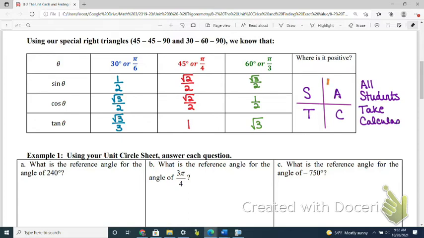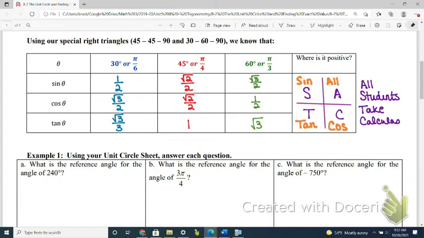That tells me that all trig functions are positive in the first quadrant. Sine is the only thing positive in the second quadrant. Tangent is the only thing positive in the third. And cosine is the only thing positive in the fourth. As long as you can remember your three sets of reference angle values for sine, cosine, tangent, and where things are positive, you have your entire unit circle.